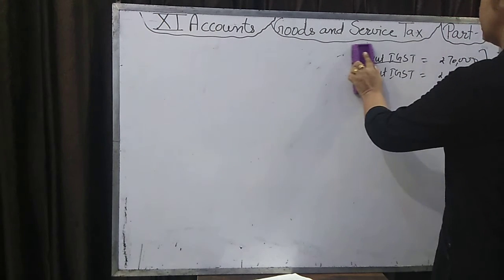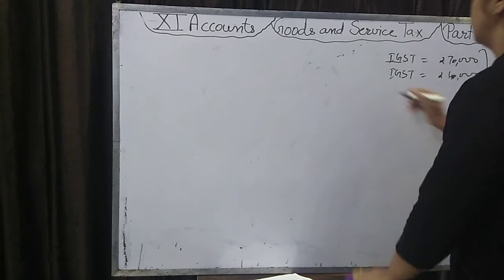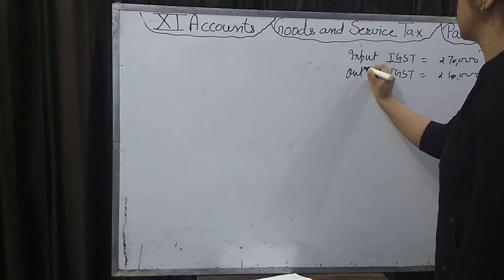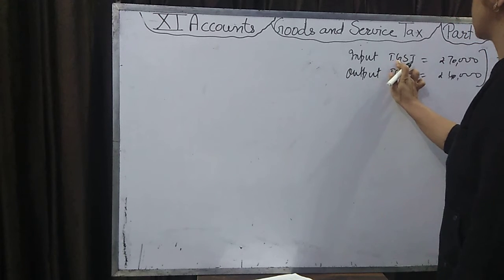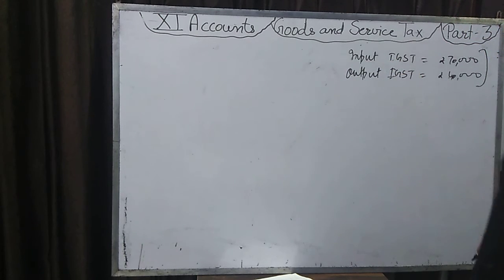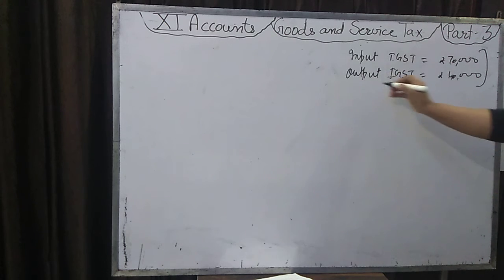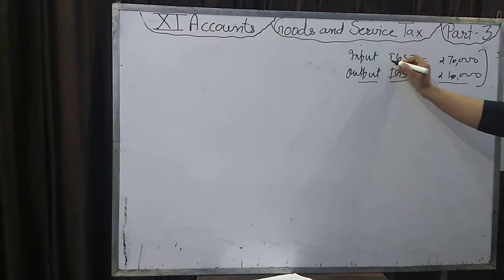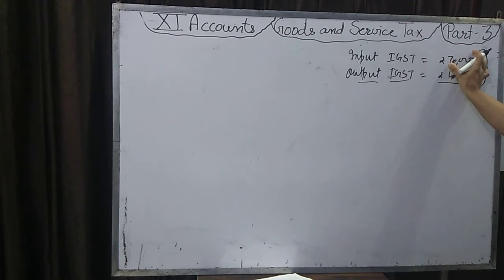If this is input IGST and this is output IGST, then we have to adjust the output IGST, right? Input IGST we have already paid, output IGST we have collected from our customer, this we have to pay to the government, but not all, after deducting the input IGST, the paid IGST.